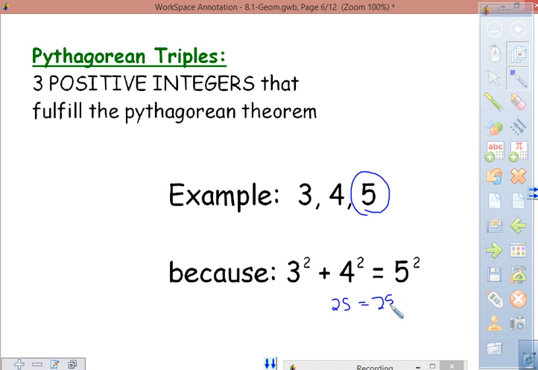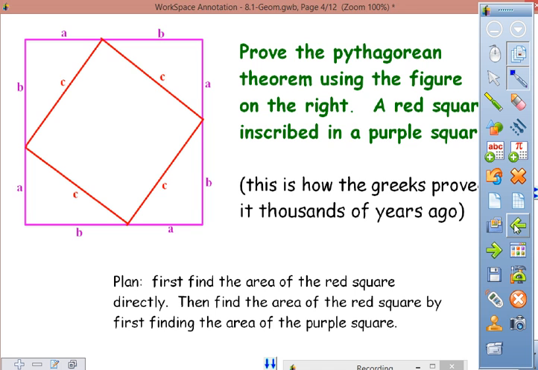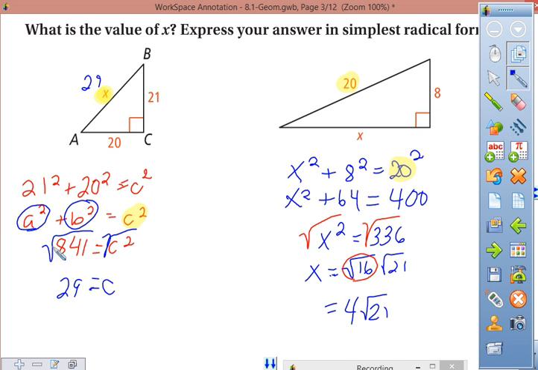So if we go back to the examples we've already done today, this is a Pythagorean triple because 29, 20, and 21 are all whole numbers. Over here we have 20 and 8, but 4 root 21 is not an integer or a whole number, so this would not be a Pythagorean triple. But the first example would.